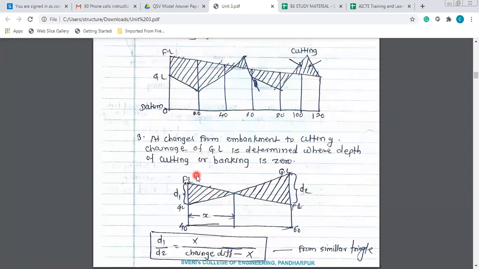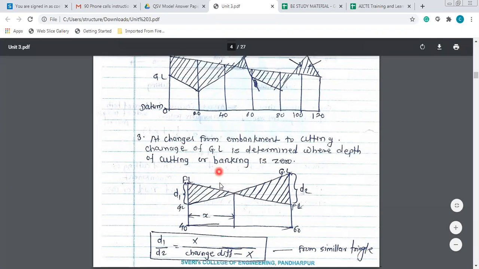You can see my pointer, from embankment section to cutting section. At that particular point, you have to calculate the chainage where the depth of cutting or embankment is going to be 0.